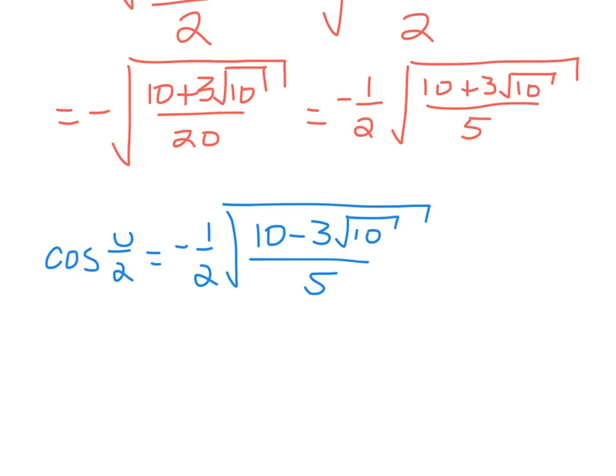And finally, we're going to go do tangent. So tangent of u over 2 is the same as, and again, it doesn't matter which one of these you use. We do have to simplify it, but I'm just using the first one.